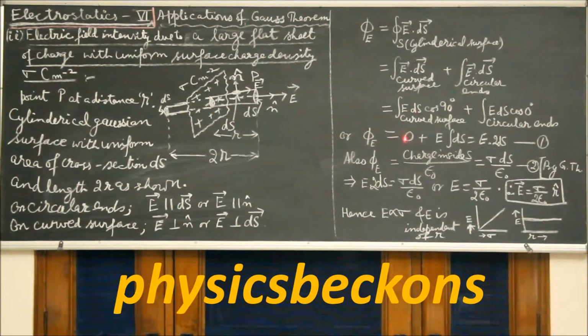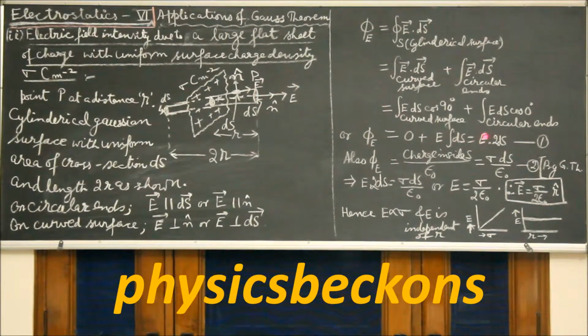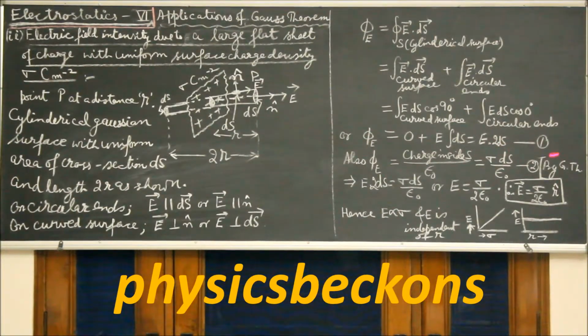This comes out to be 0, and here the total area for the circular ends will be ds plus ds. Since there are two circular ends, the total area will be 2ds. So flux is E into 2ds. Let's write it as expression number 1.